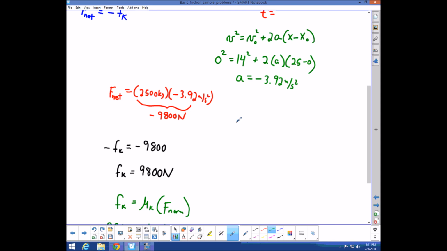We would have had the mass times negative 3.92 as the net force, and so this would have given us that the force of kinetic friction was positive m times 3.92, and we would have set m times 3.92 equal to the coefficient of kinetic friction times the normal force, which would have been m times 9.8.